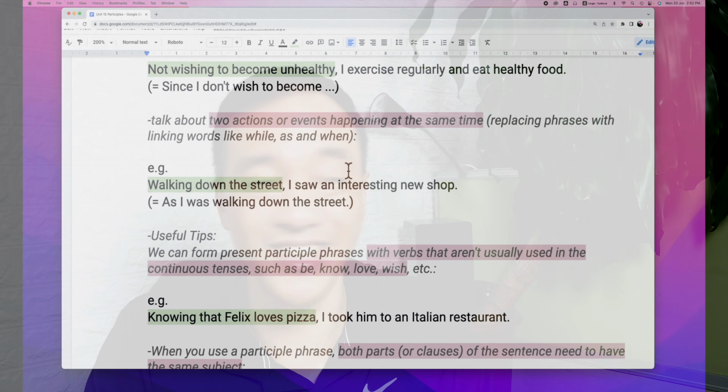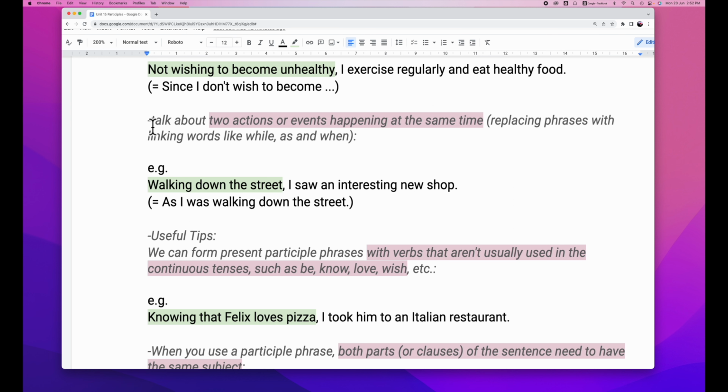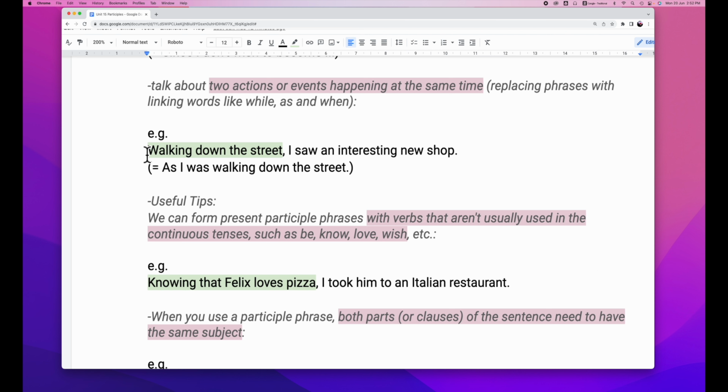There is another situation where we could use present participial phrases. Let's take a look. To talk about two actions or events happening at the same time, and replaces linking words like while, as, and when. Example: walking down the street, I saw an interesting new shop.